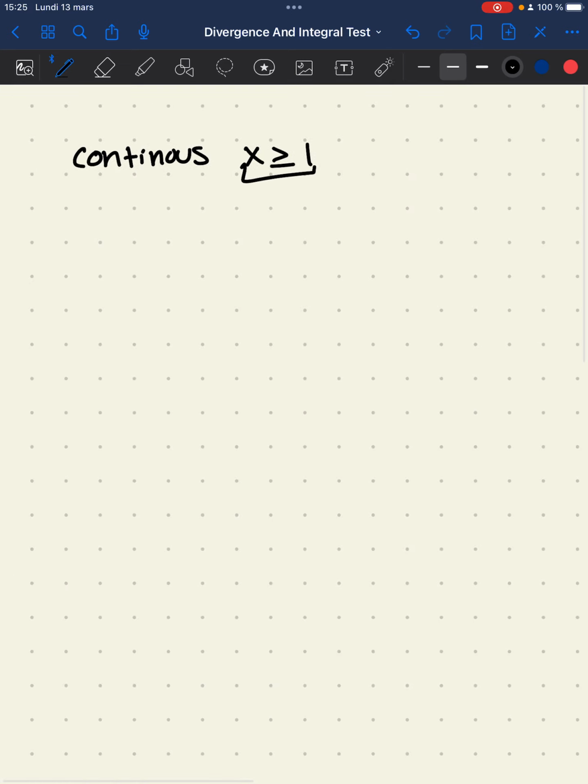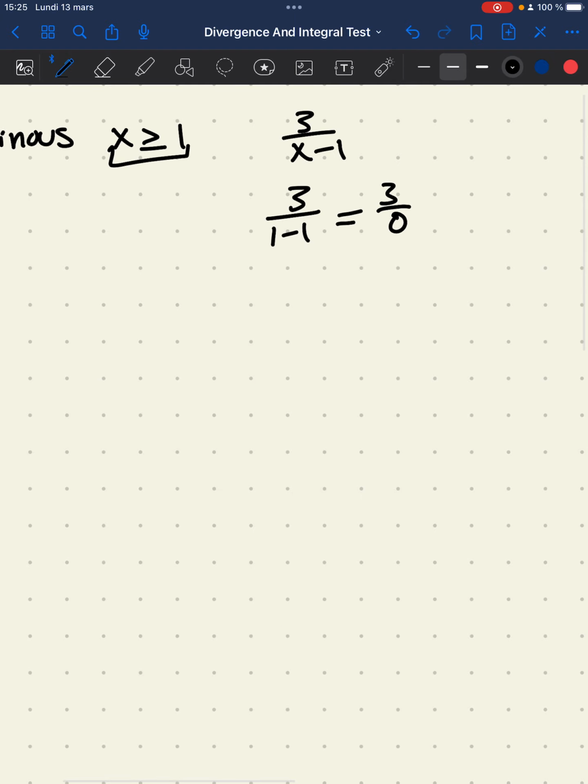So it has to be continuous, so it can't be where we have, let's say, 3 over x minus 1, and let's just say your interval is x greater than or equal to 1. So this gives you 1 minus 1, which gives you 3 over 0. And this is infinity, so it is not continuous in this interval.